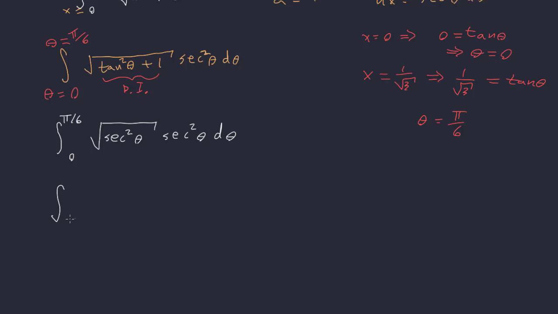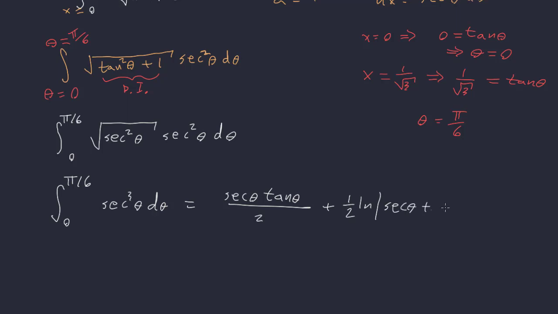And when we simplify this, this will come out to just be secant, so we get secant cubed again. Okay, so using that reduction formula, we'll get secant theta tangent theta over 2, I think it's a plus 1/2 times the natural log of secant theta plus tangent theta.